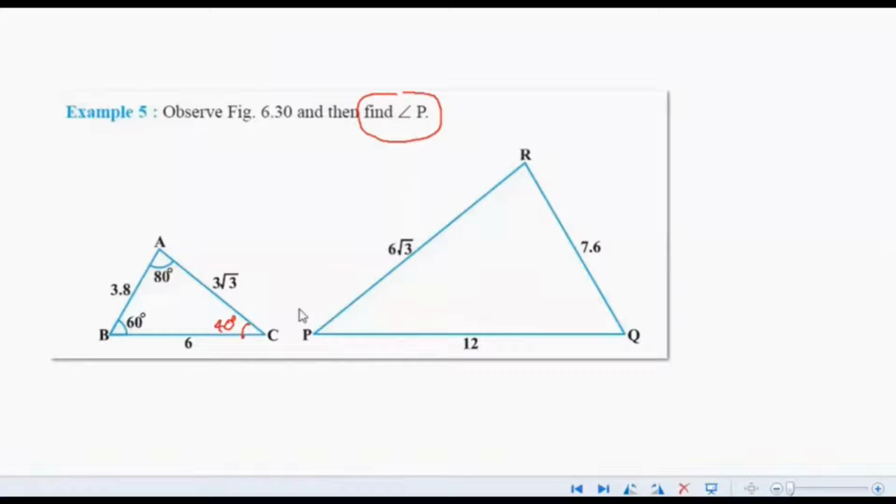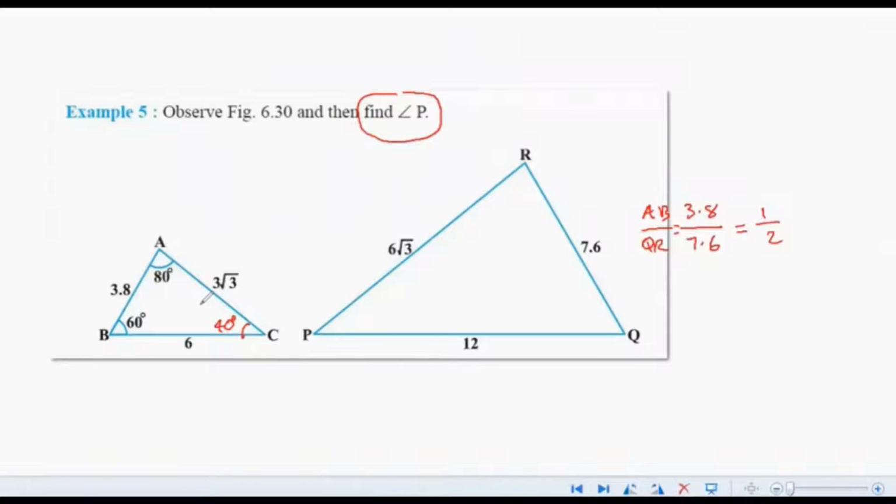So how will be the ratio? You look at corresponding sides. 1:2 is the ratio. The corresponding sides you want to take: the smallest sides in these two triangles. 3.8 is the smallest in the first triangle. In the second, the smallest is 7.6. That is AB by QR, which reduces to 1/2.